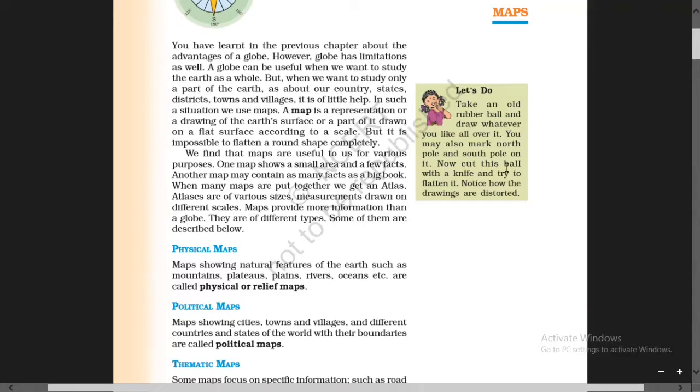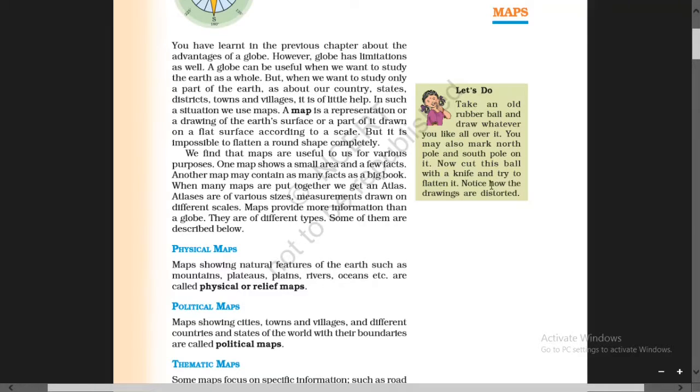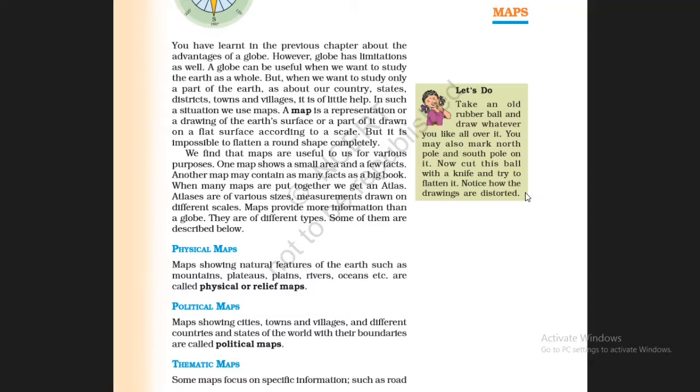Now cut this ball with a knife and try to flatten it. Notice how the drawings are distorted.